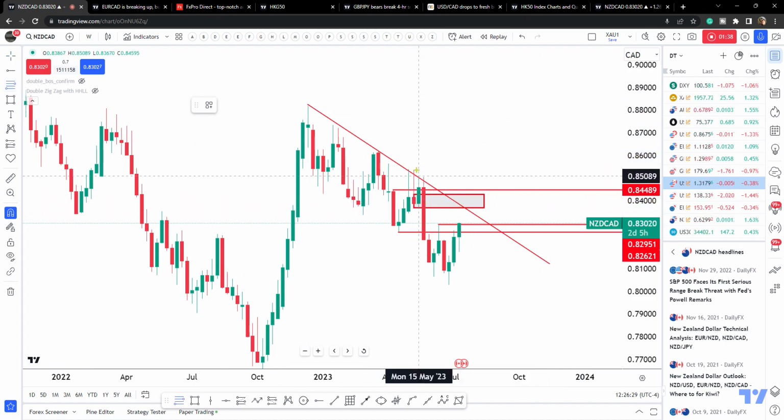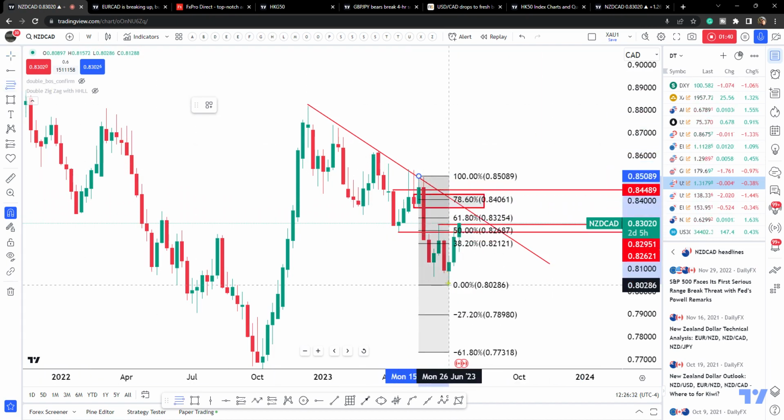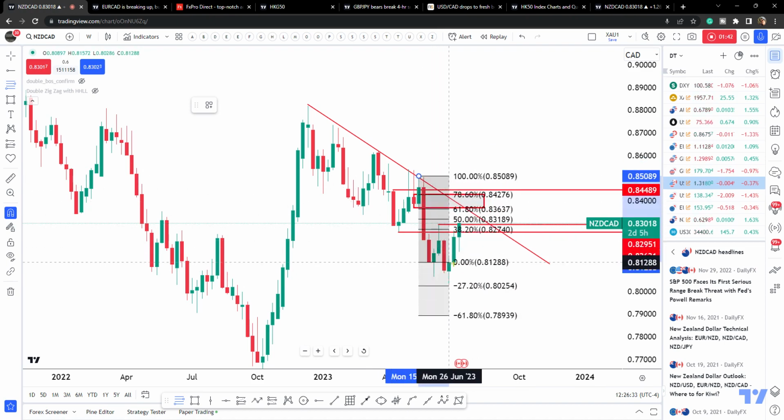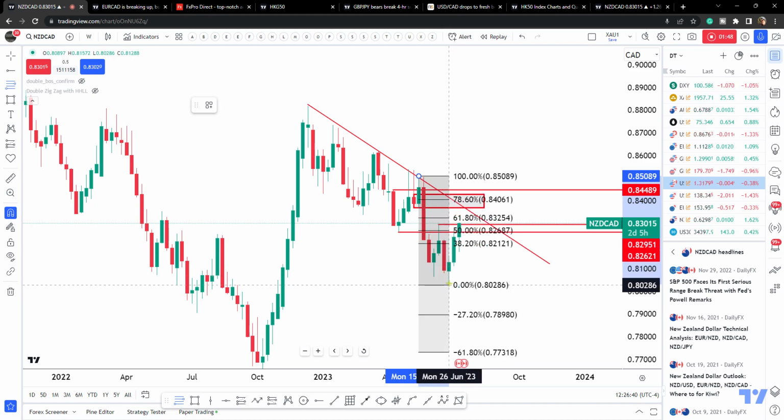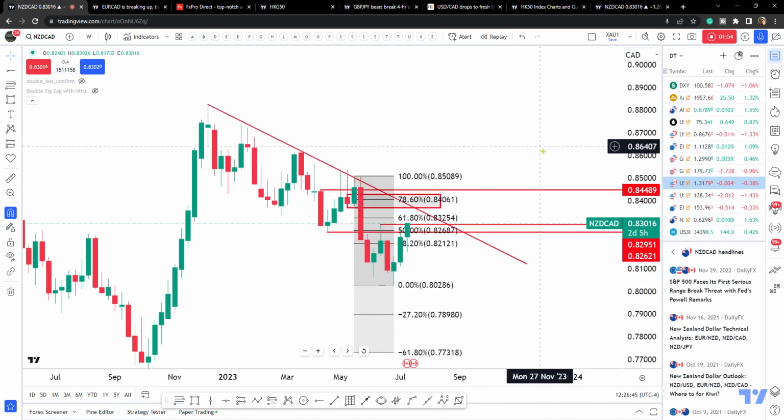If we draw a Fibonacci on that move, well, the original move bottomed out there and continued into here. So we'll use the lowest point of that range, and we're coming up.